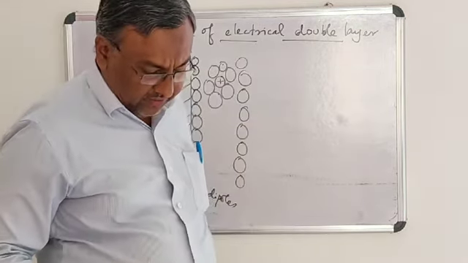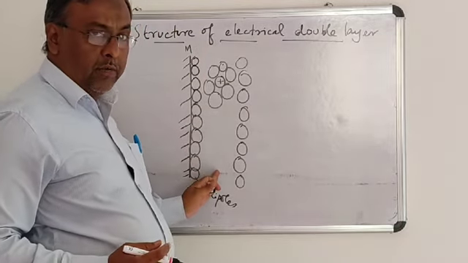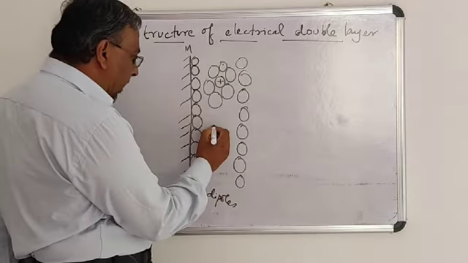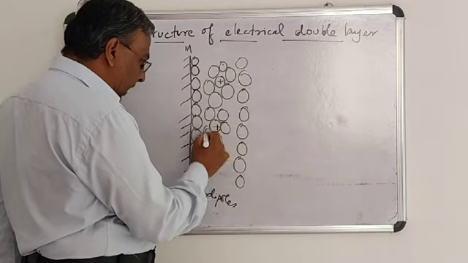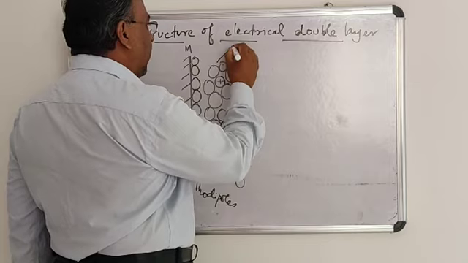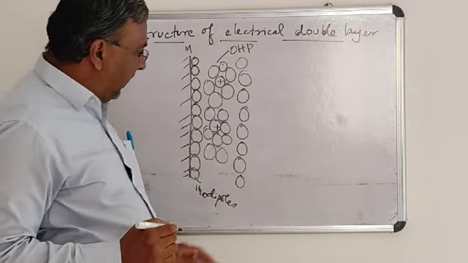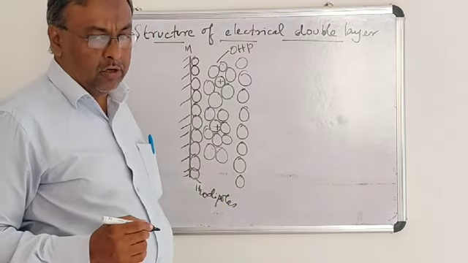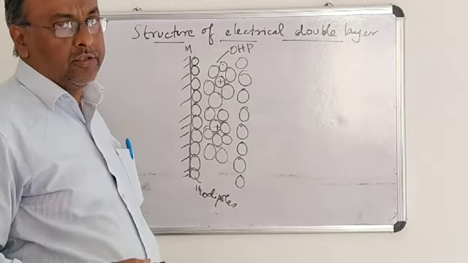The second row consists of largely solvated molecules, and that is called the outer Helmholtz plane. It is covered again by hydrated molecules, then again solvated ions.